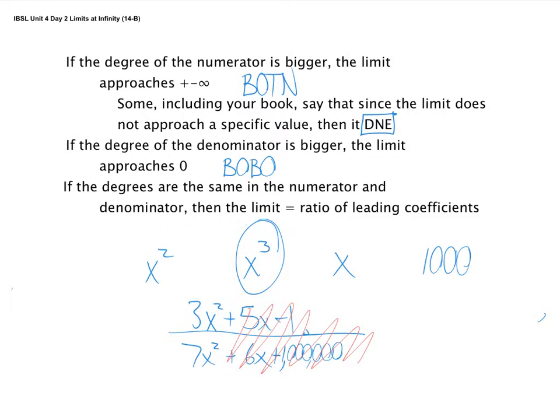They're so minuscule compared to 1 billion squared. So now we have 3 times 1 billion squared over 7 times 1 billion squared. Well, that's 1, so it's just 3/7. Okay? That's what the limit will approach. But that's only when x is approaching infinity or negative infinity. That's why we're looking at limits at infinity here.